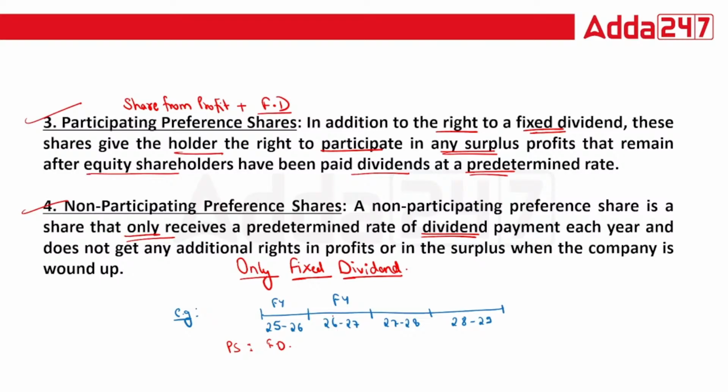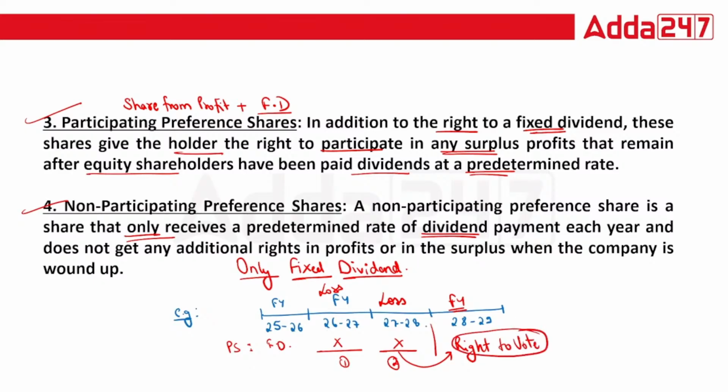Then in the next financial year, the company incurred losses, so the company never paid any fixed dividend. This same scenario continued because of the losses. This is your loss year. Again in 27-28, the company incurred losses, no dividend. Then you can see consecutive years: this is the first year, this is the second year. So from this financial year 2029, the company's preference shareholders will get the right to vote.